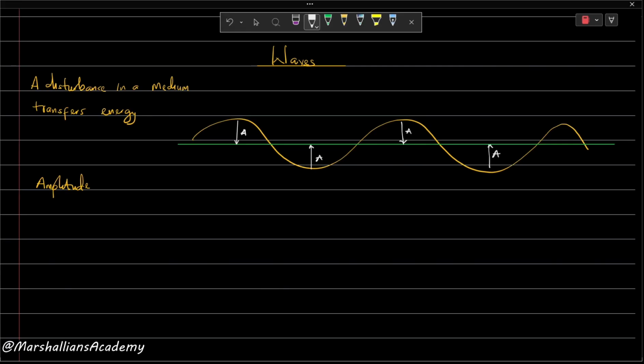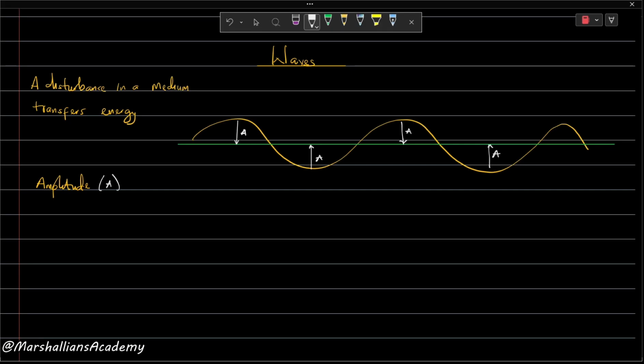This is the maximum displacement of the particles from the equilibrium position of the wave. The green line represents the equilibrium position of the wave. So we've talked about amplitude, and we can use the symbol A to represent amplitude. This is usually measured in meters, so that's not going to be a problem.